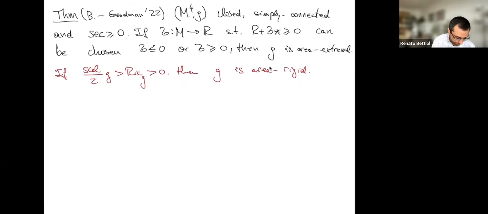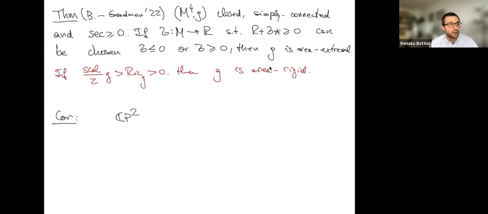And it was nice that you asked me about some examples right before, because I can tell you where this theorem applies. As a corollary, you can get some area-extremal metrics on some well-known manifolds. So let's begin with CP2. By the Goette-Semmelmann result that I discussed, CP2 with the Fubini-Study metric has positive Ricci curvature, so it is area-rigid.